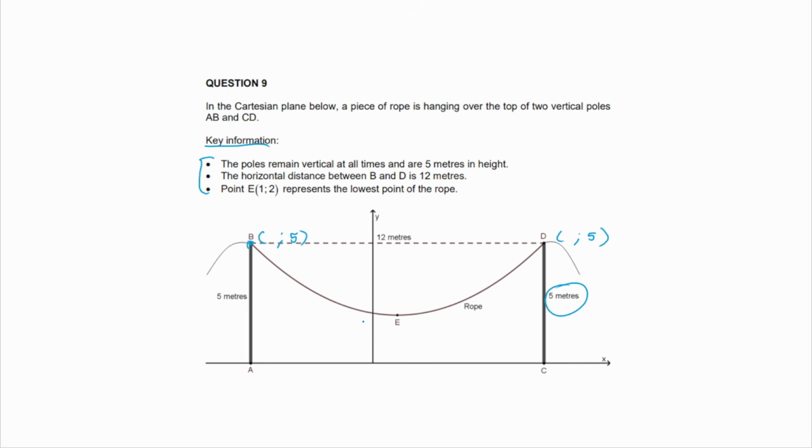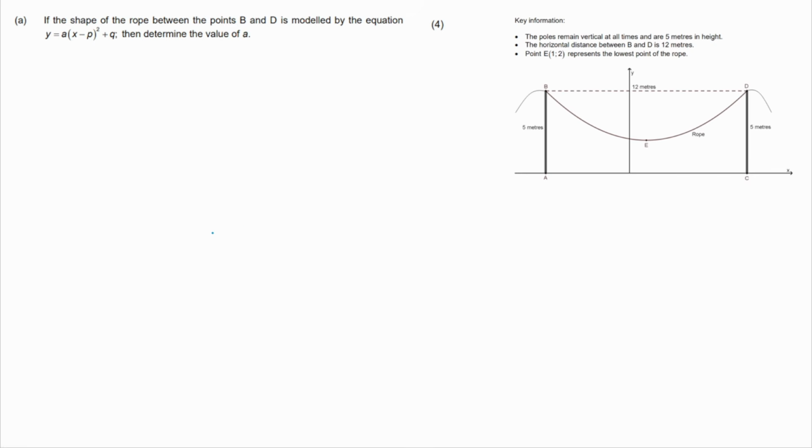And they say point E(1, 2) is the lowest point of the rope. So this is the lowest point, (1, 2). They say if the shape of the rope between points B and D is modeled by this equation, then determine the value of a. So we know this is a parabola, and we know that this point over here is (1, 2), and these are the y coordinates over here, the y part of the coordinates.